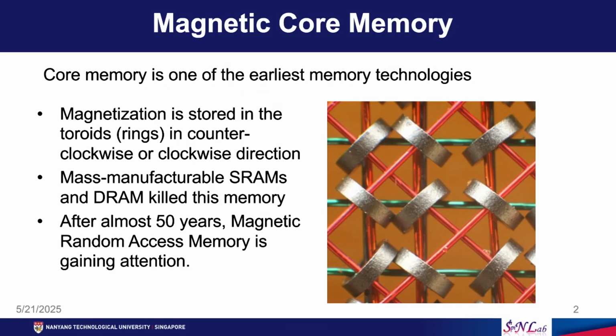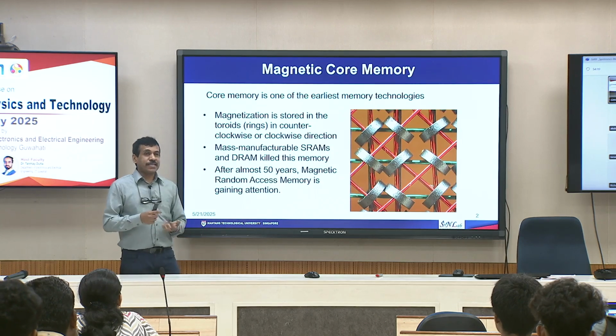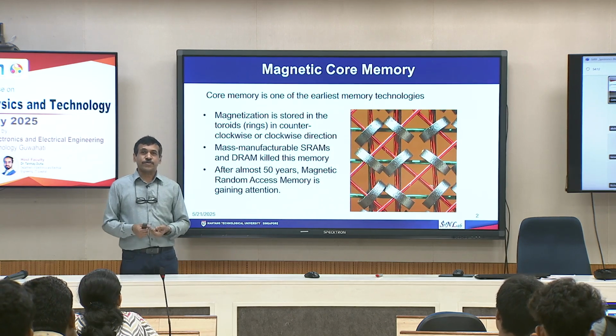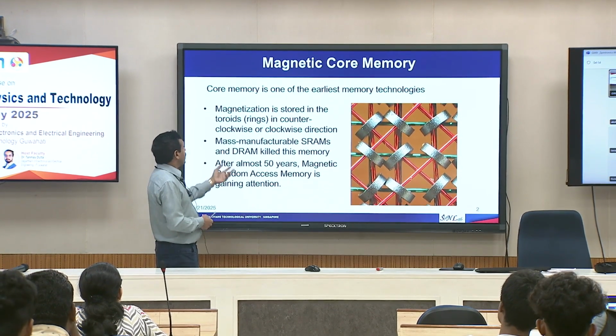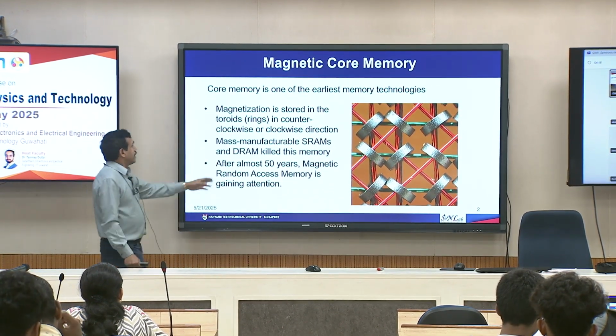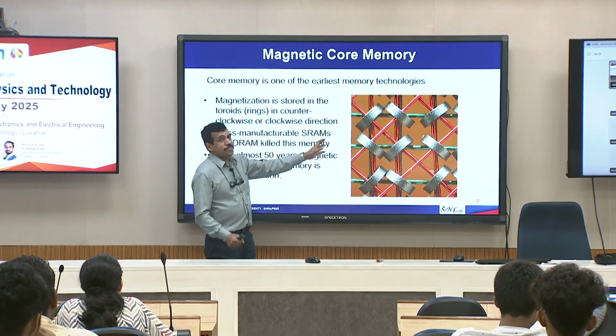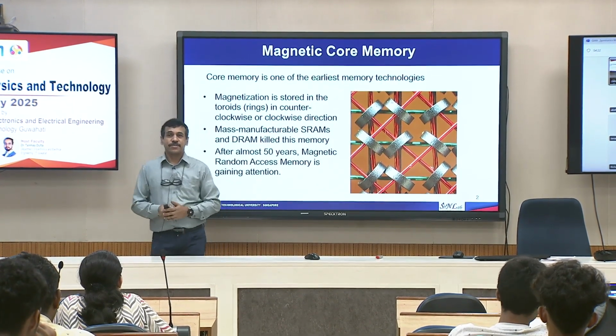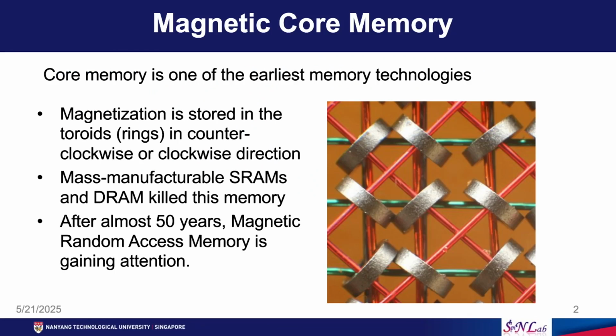You might think that magnetic random access memory is very new, but it is one of the oldest random access memories. Even before DRAMs and SRAMs were introduced, computers used magnetic memory. DRAMs and SRAMs came in the 1960s and later, whereas in the 1950s computers used magnetic memory.